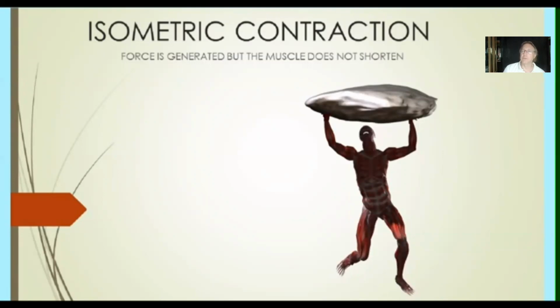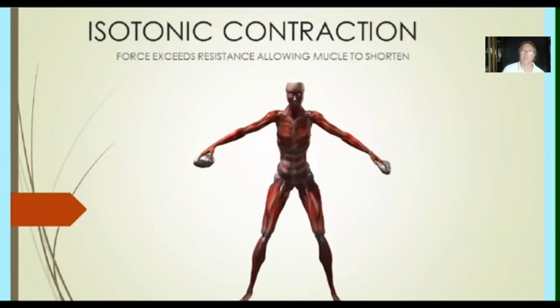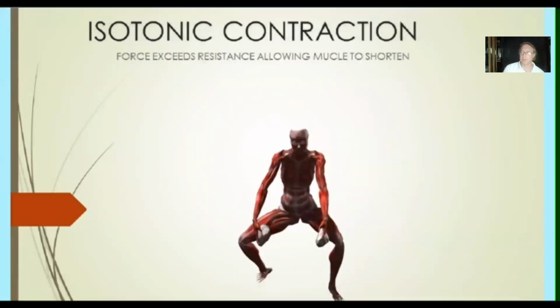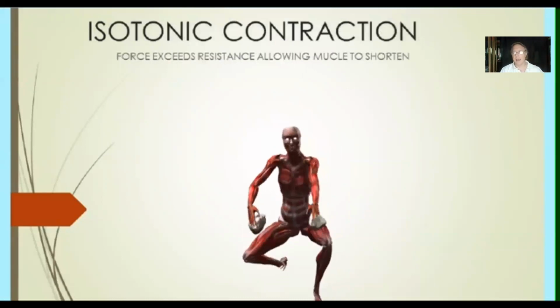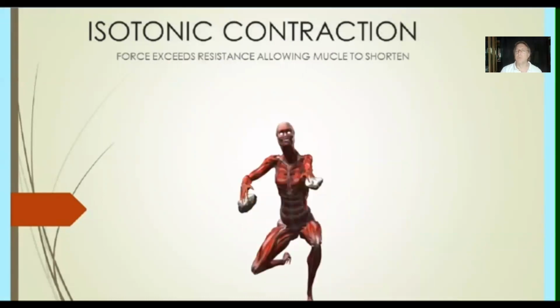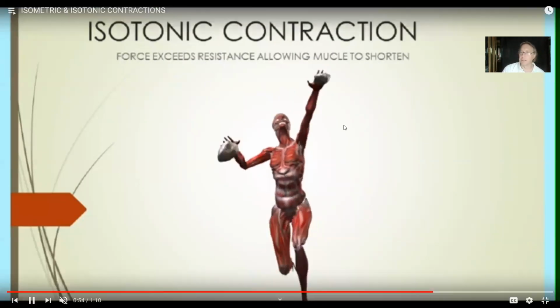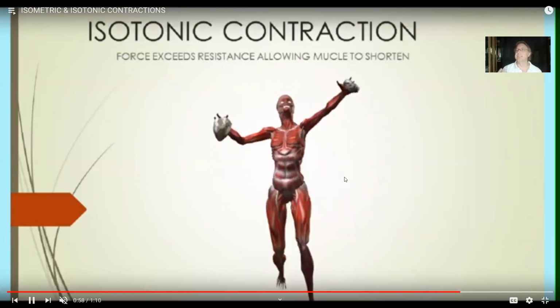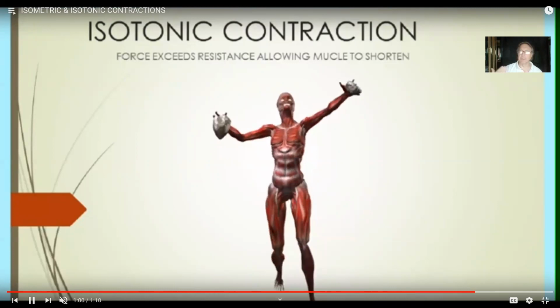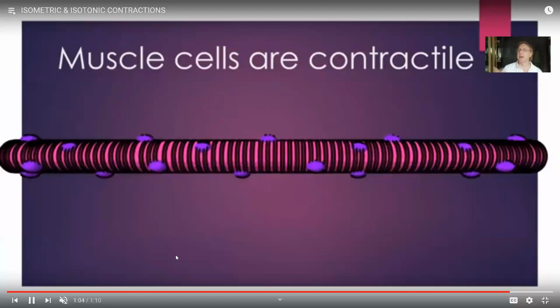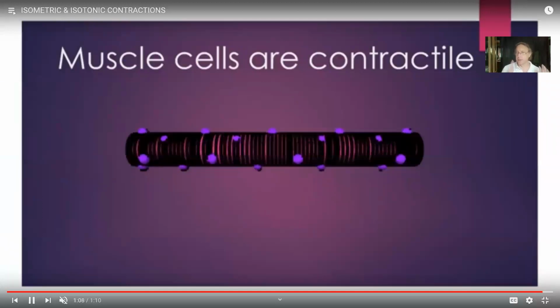In contrast, in an isotonic contraction, the force exceeds the resistance, allowing the muscle to shorten. So if I were trying to lift small things, muscles would shorten because the force that I was generating exceeds that. Even though it's easy to say muscles contract, technically they produce tension, and this can result in either isometric contractions, where the length stays the same, or isotonic contractions.